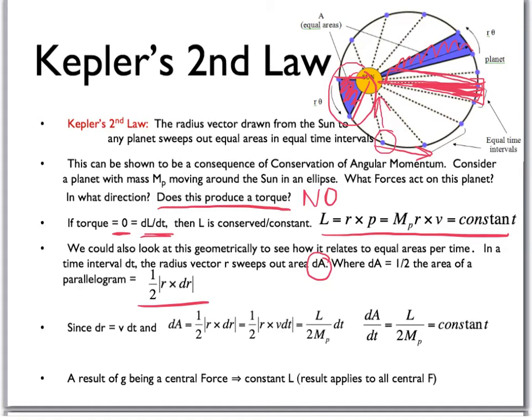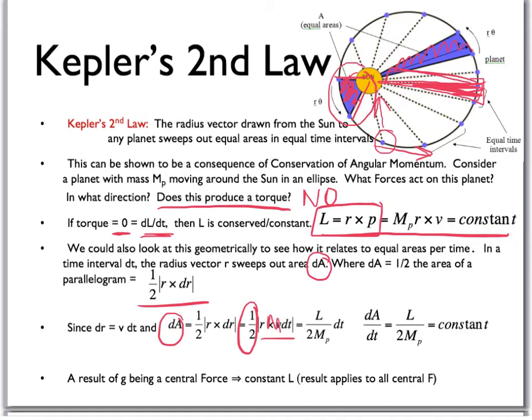Now we know that dr could be written as v dt, and when we write that out, we can put this now in a little bit of area, where that little bit of area can now be seen as this 1/2 times r cross v dt, where again we know that a mass times the value of the velocity is going to give you p, and of course r cross p is angular momentum.